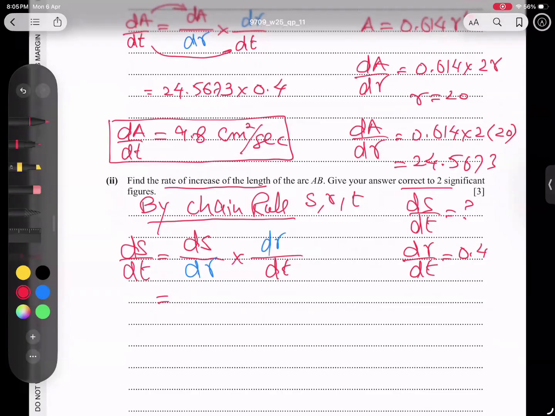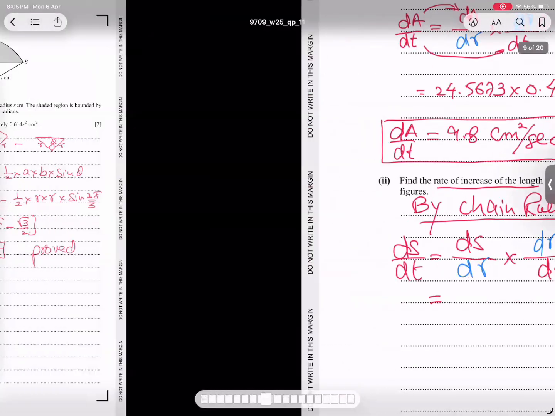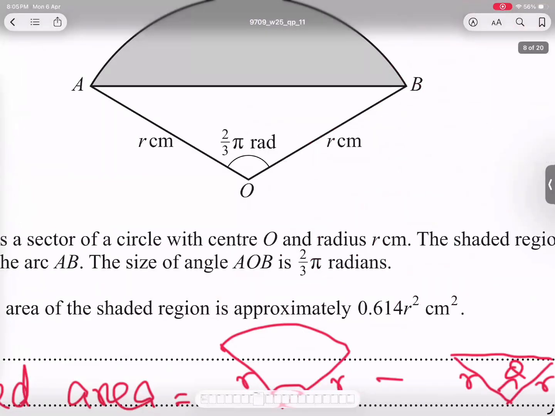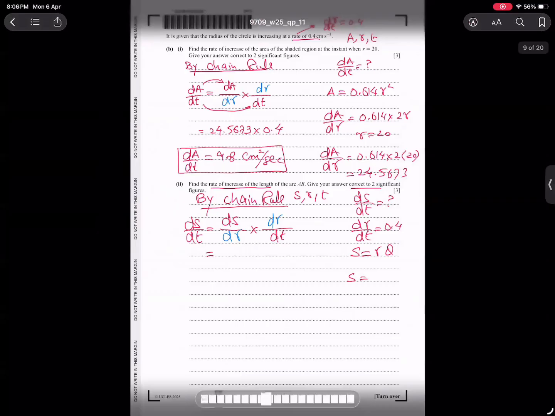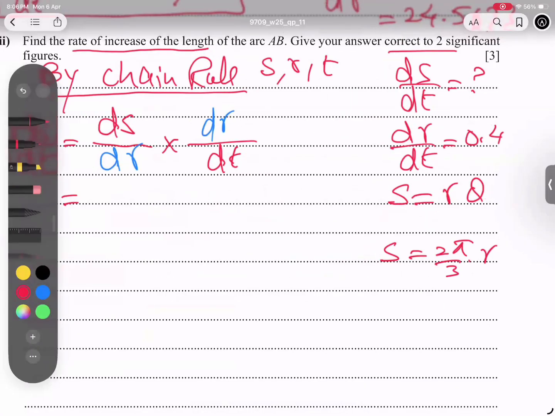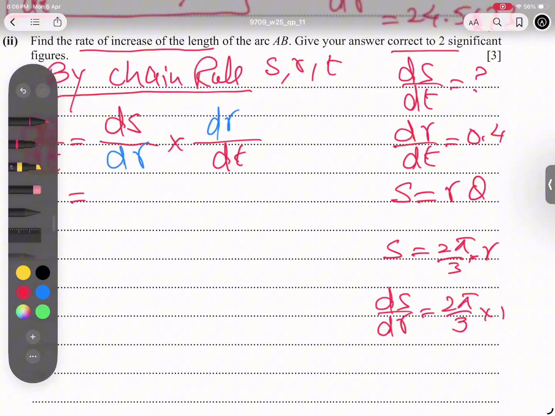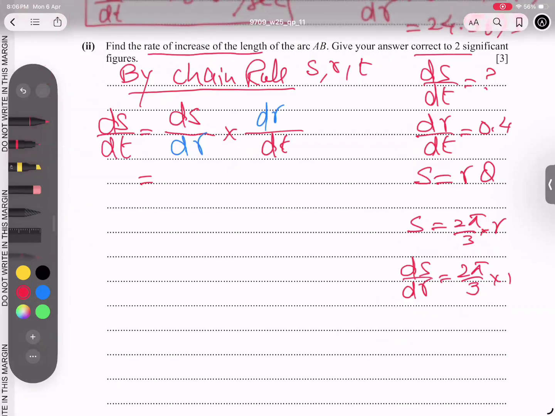But is the question done? No, not at all. What is the arc length formula, students? s is equal to r theta, and the theta, if you go back, is the angle in the shape, 2 pi by 3. So 2 pi by 3 times r. I'm going to differentiate ds by dr, and differentiating r becomes 1. So 2 pi by 3 times 1. There's no value to replace for r, which we plugged in as 20 last time.